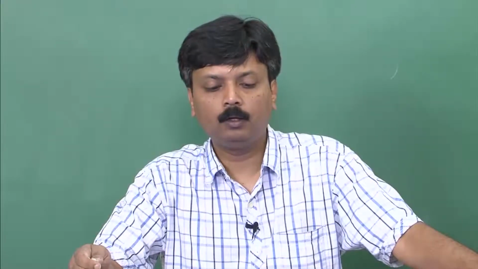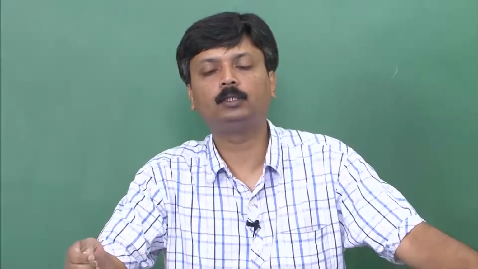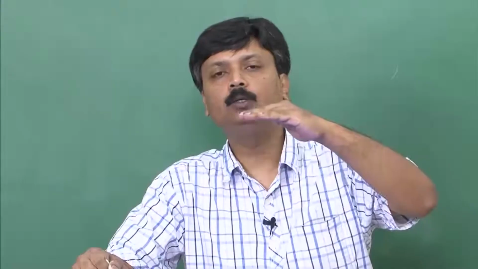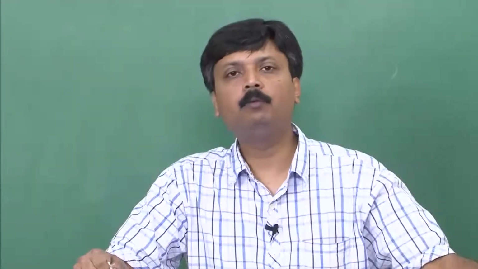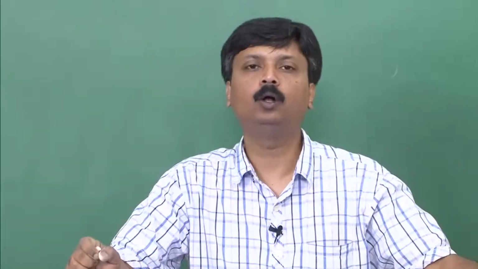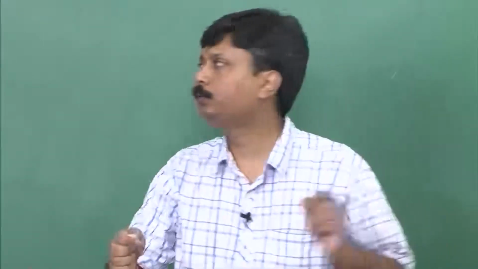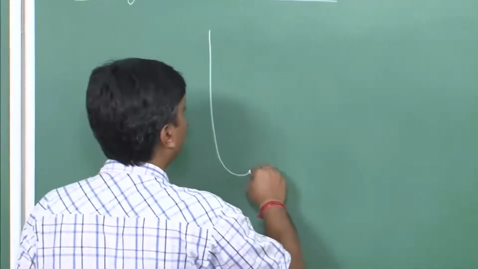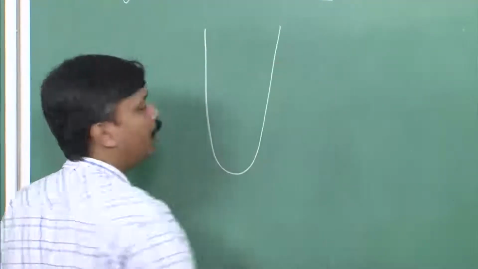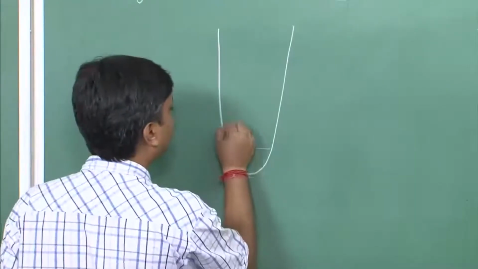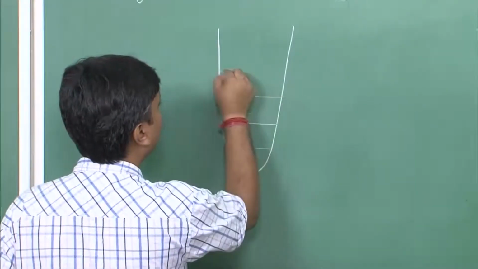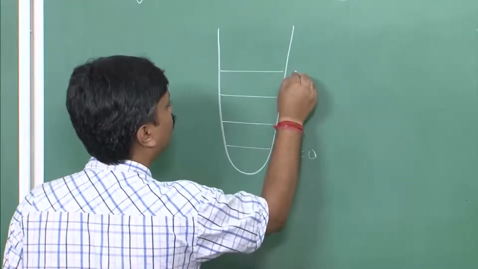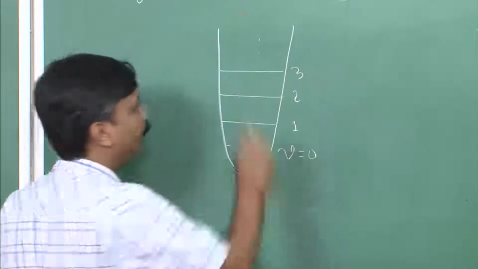If I talk about this molecular oscillation, v equal to 0, v equal to 1, v equal to 2, and so on, they are contained in a so-called potential well, right? If we restrict ourselves to a simple harmonic oscillator, then these are the different vibrational levels, and you can keep on going up.